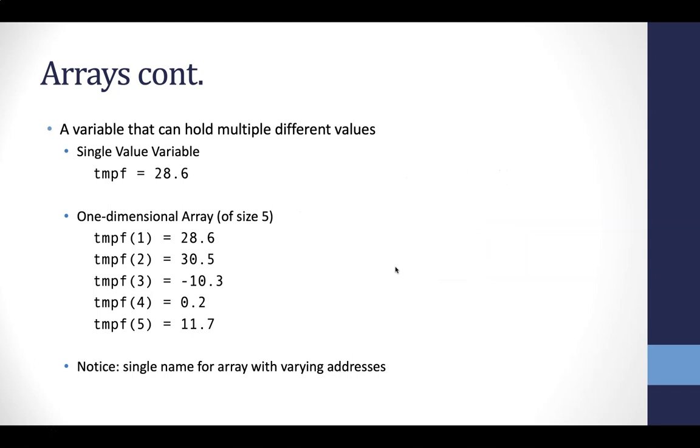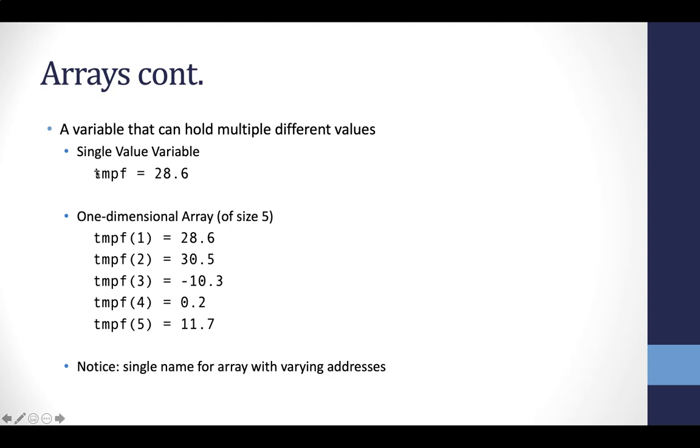And so up to this point, we've just been assigning variables with a single value, whether that be an integer, a real, a character, or a Boolean. But when we use arrays, now we can assign multiple values to the same namespace, but with slightly different addresses. And so initially here, we would have had something that would have been tmpf equals 28.6.